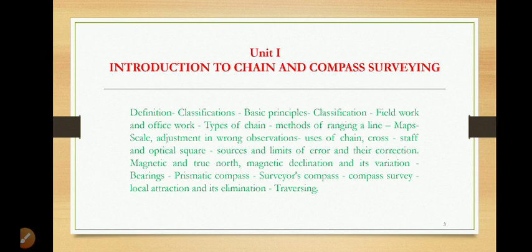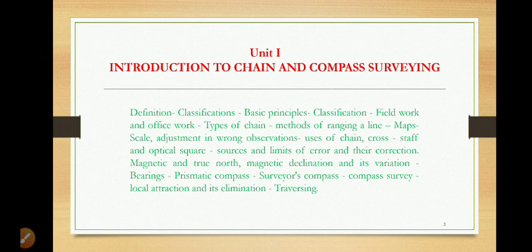In this unit we are going to discuss definitions, classification and basic principles. The basic principles are meant to minimize the error. We should follow the basic principles while taking the survey. And the classifications of surveying, field work and office work, different types of chain, methods of ranging a line, map, scale, and adjustment of wrong observations.